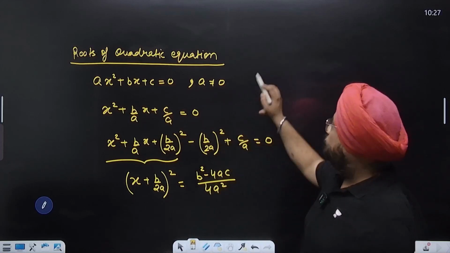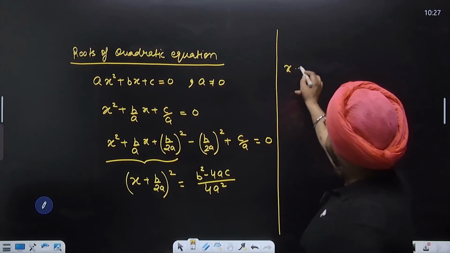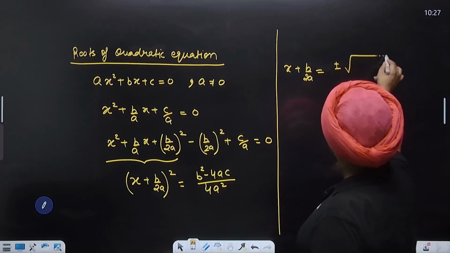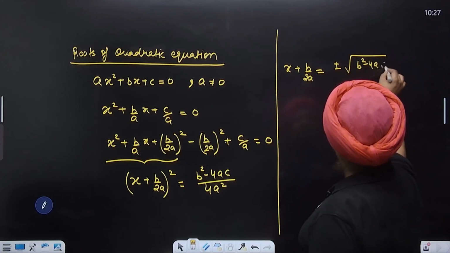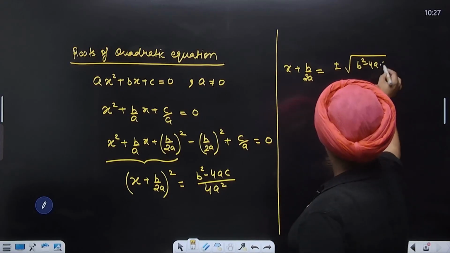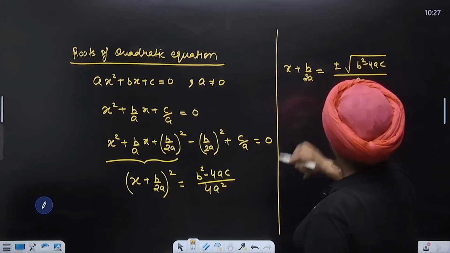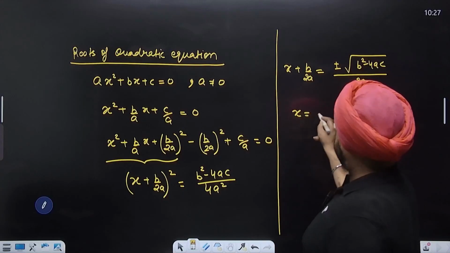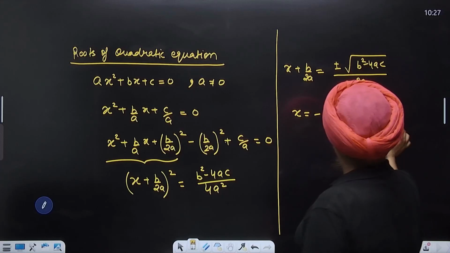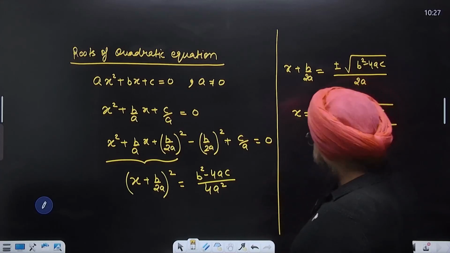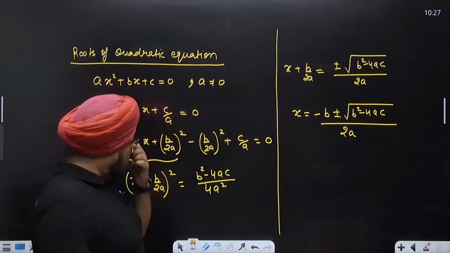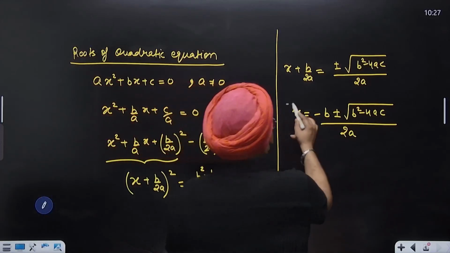Now I am taking square root on both sides. This is plus minus root b square minus 4ac upon 2a. So x is equal to minus b plus minus root b square minus 4ac upon 2a. Okay, so this is called the quadratic formula.